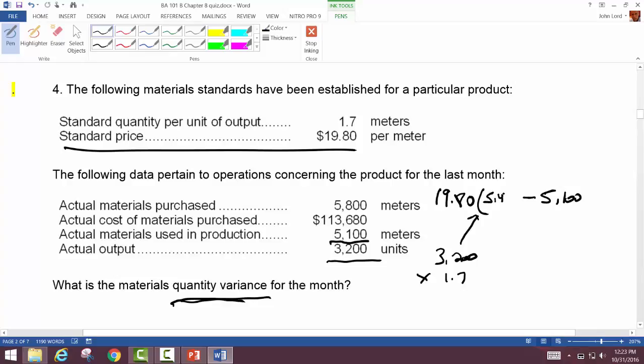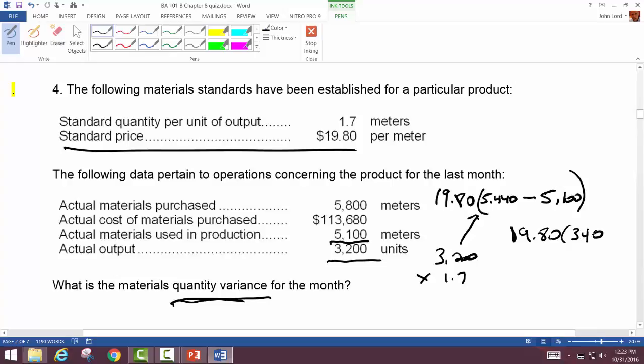Okay. So 5,440 minus 5,100 is what? Positive 340?